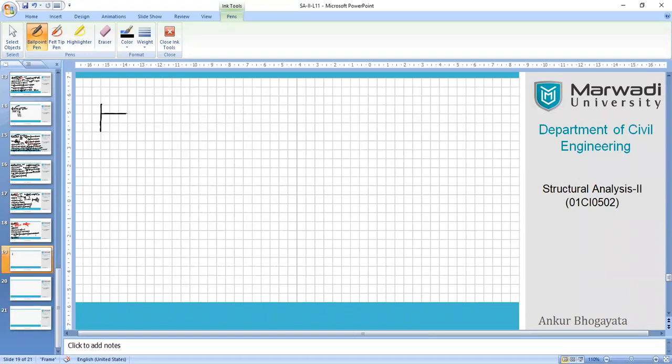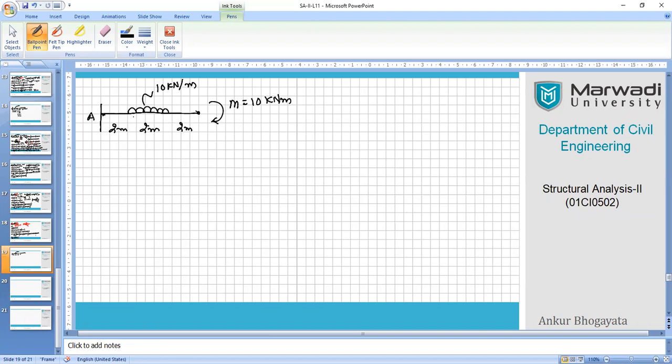Let's say we have a beam like this, and we have a UDL. Okay, and now we have a moment this time, which is M equals, let's say, 10 kilonewton meter, and this UDL is also, let us say, 10 kilonewton per running meter. This is 2 meters, this is 2 meters, this is 2 meters.